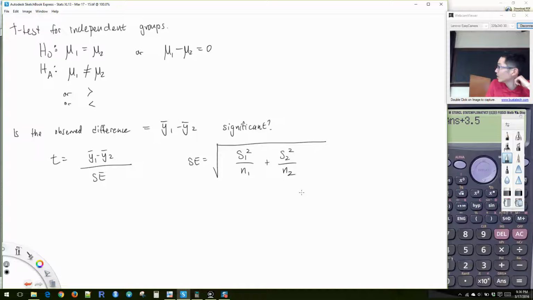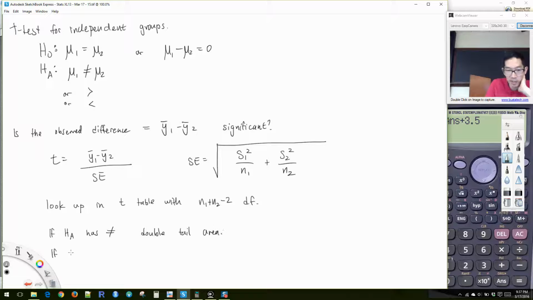And we look this up in the t-table with n1 plus n2 minus 2 degrees of freedom. If the alternative is not equal, double the tail area.